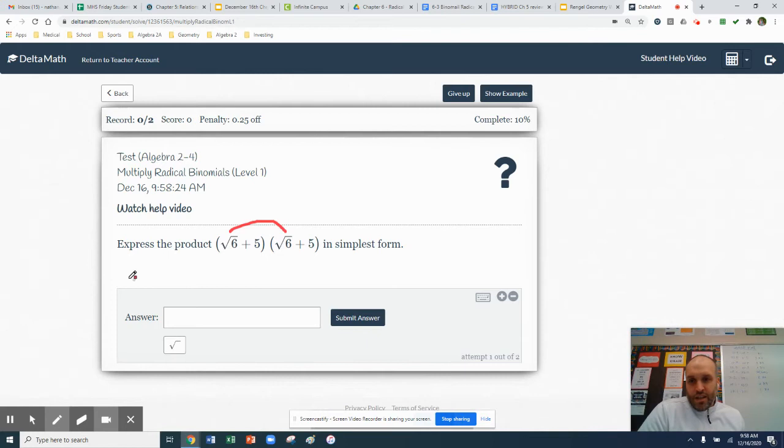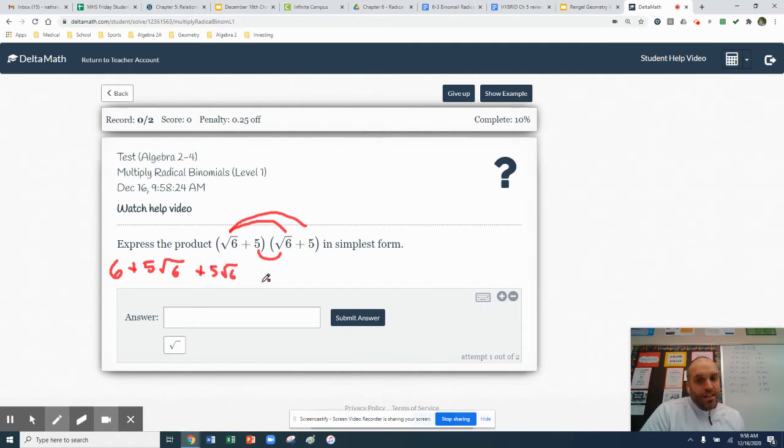So you can multiply each. The one interesting thing that's happening here is when you have a root of 6 times a root of 6, if you're multiplying 2 of the exact same roots, it just equals the radicand. So square root of 6 times square root of 6 is just going to be 6. My outsides are going to be plus 5 roots of 6. My insides are going to be plus 5 roots of 6.